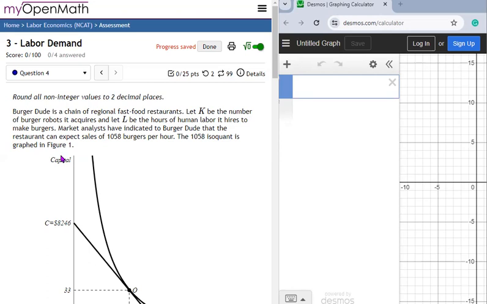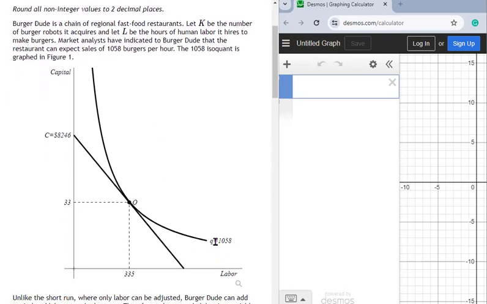Market analysts have indicated to Burger Dude that the restaurant can expect sales of 1,058 burgers per hour. The 1,058 burger isoquant is graphed in figure 1. So anywhere on this isoquant, meaning same quantity, anywhere on this curve, the company can make 1,058 burgers, right?